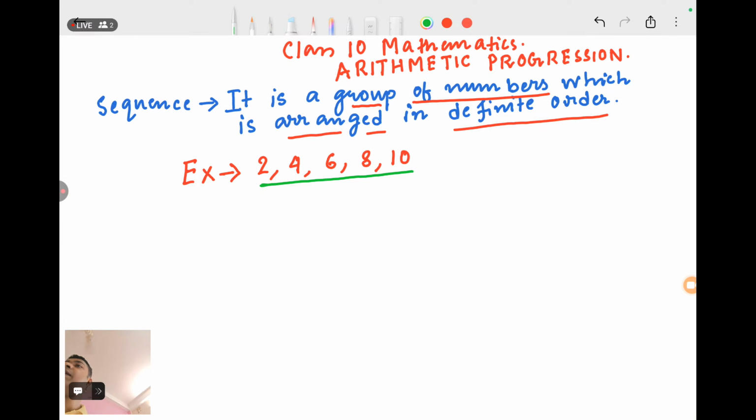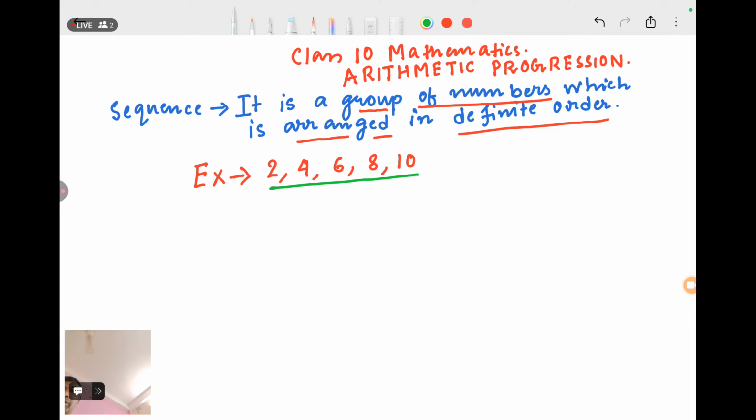Yes, we can definitely call it a sequence, because each number is 2 more than the previous number. What is the difference between 4 and 2? It is 2. Between 6 and 4? It is 2. Between 8 and 6? It is 2. And between 10 and 8? It is 2.